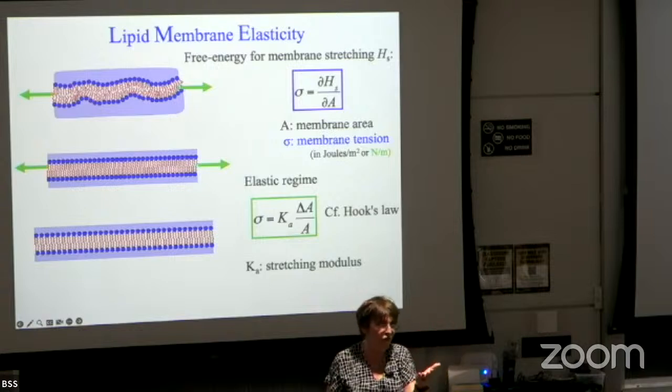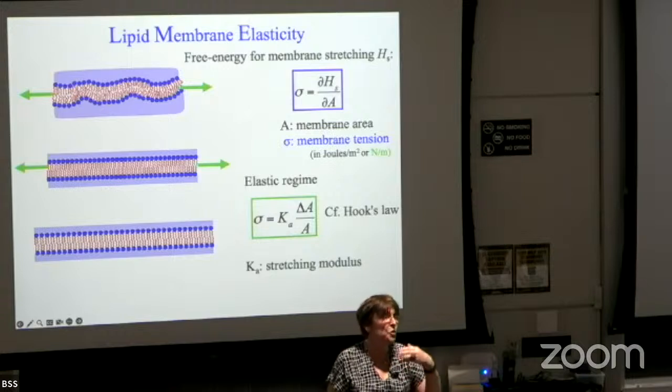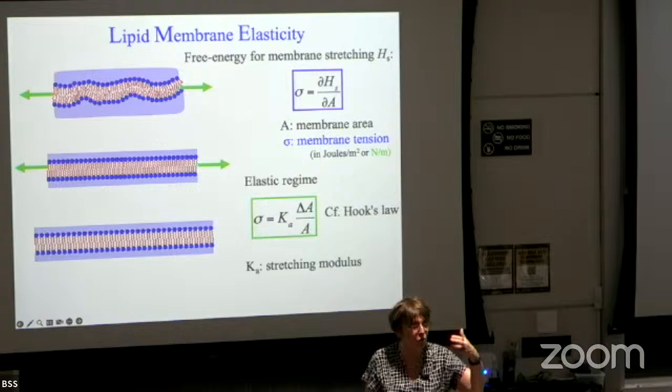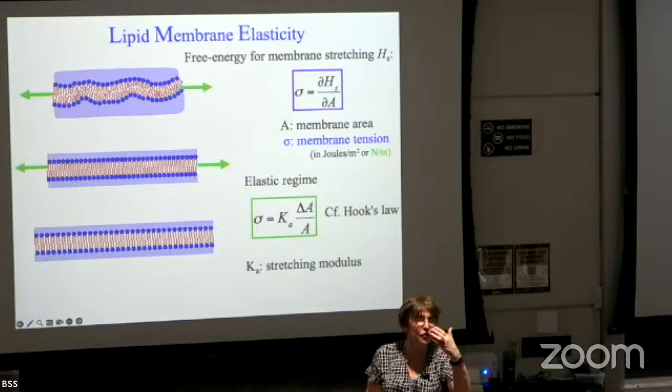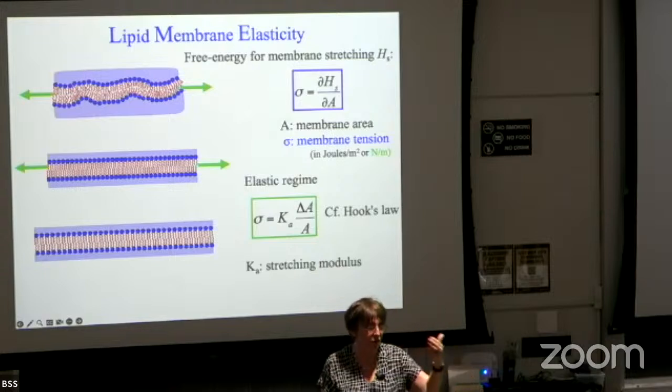You can define a surface tension which depends directly on the number of surfactant molecules that you have, right? If you have two liquids, you have a surface tension which is, in this case, an intrinsic parameter of the two materials.